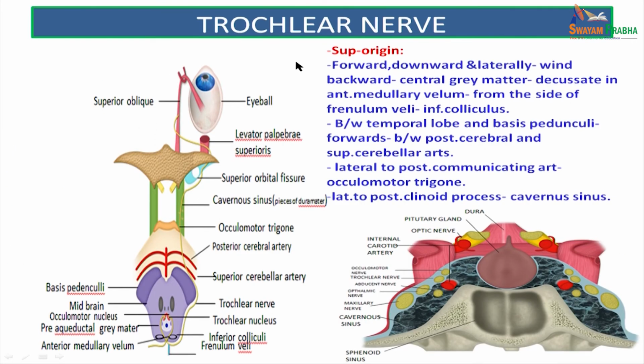Coming to the course, superficial origin, the trochlear nerve exits out of the nucleus, turns laterally, dorsally and winds around the periaqueductal grey matter and decussates at the anterior medullary velum.